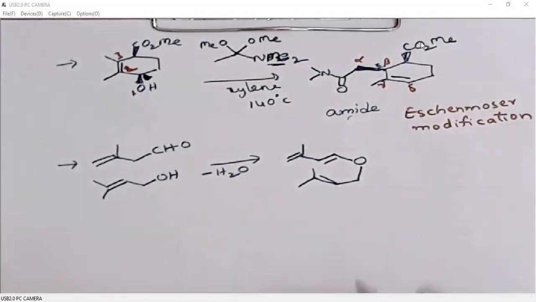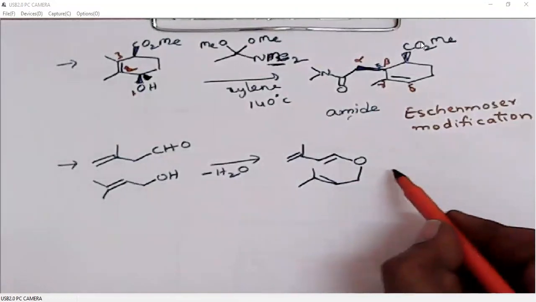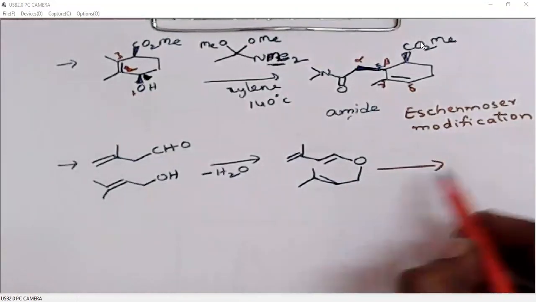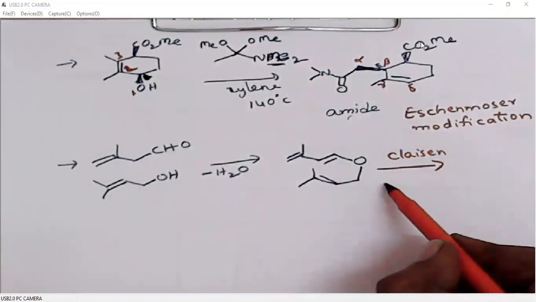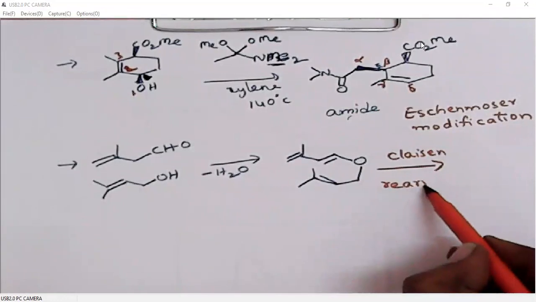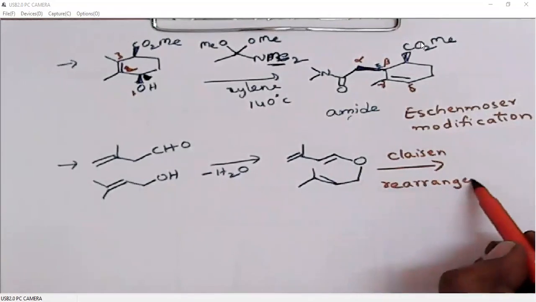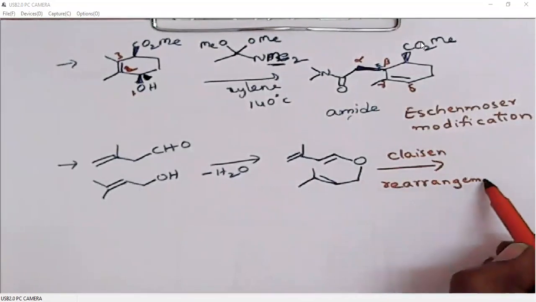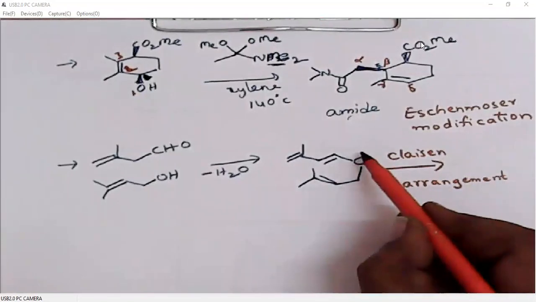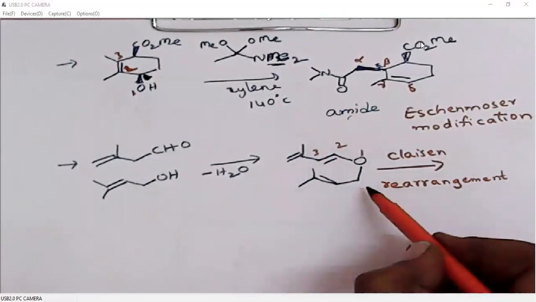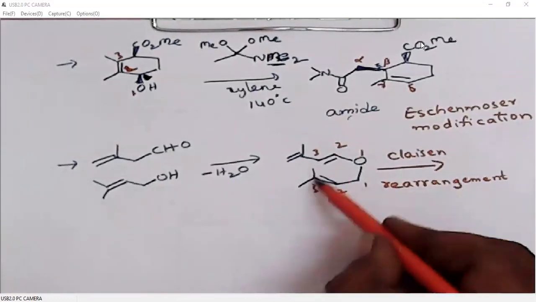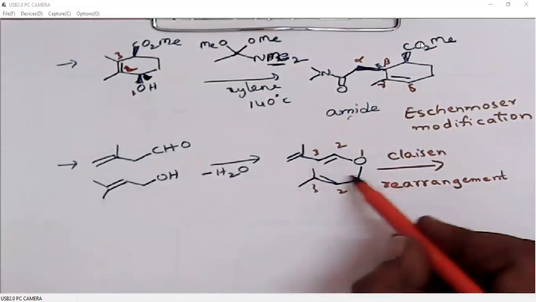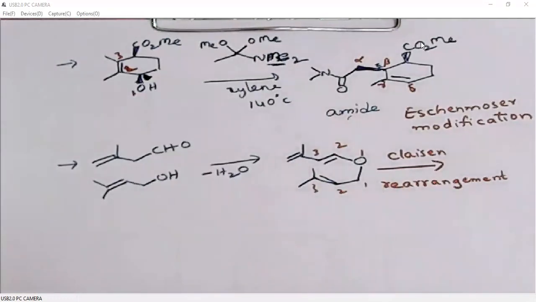Now, this is a good substrate for Claisen rearrangement. One, two, three, 1, 2, 3. So there will be a bond formation between the 3, 3 carbons. There will be a bond breaking between the 1, 1 carbon.